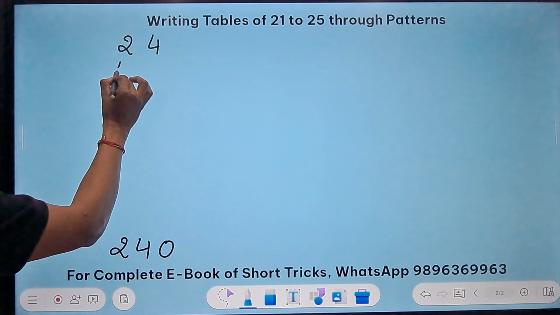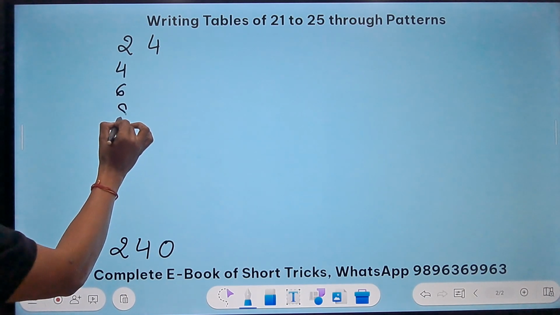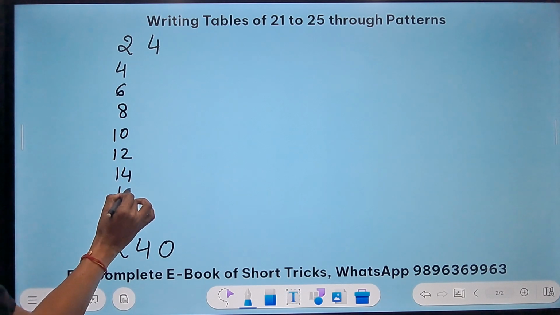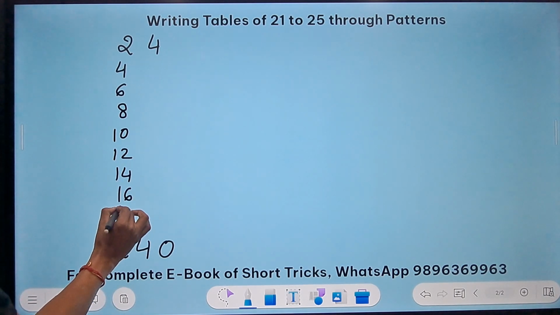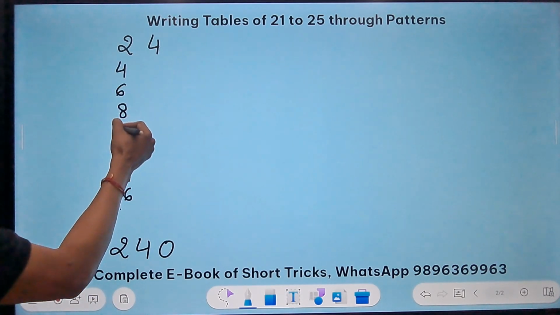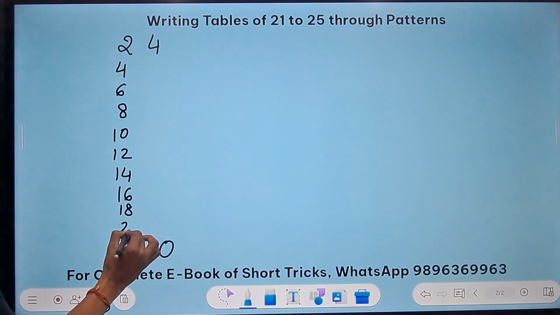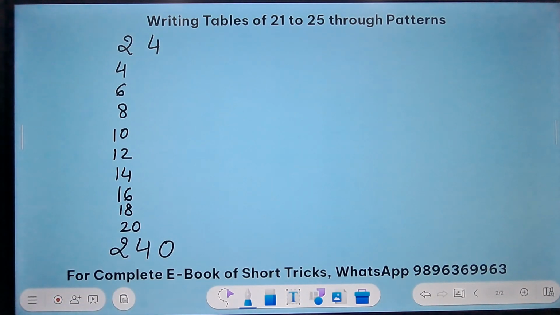So 2, 4, 6, 8, 10, 12, 14, 16, 18, and then 20, and then 24, right?